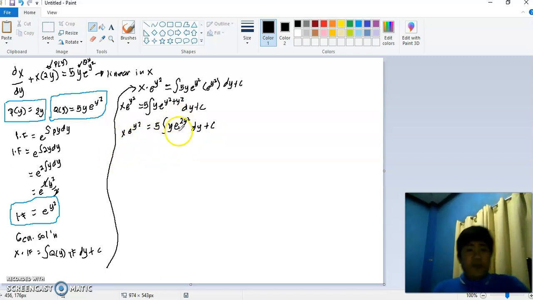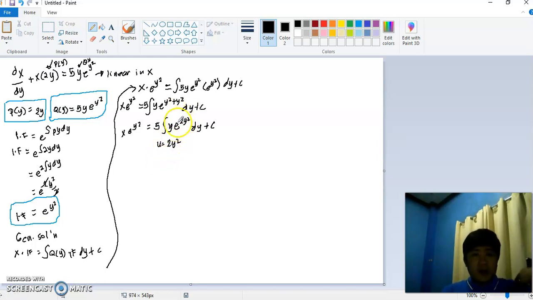But if you look here, you could say, sir, can we use integration by parts? Look, here you have y squared. If we use this as u, we could get du, that is y. So we don't need to use integration by parts. Let's just use u as 2y squared.